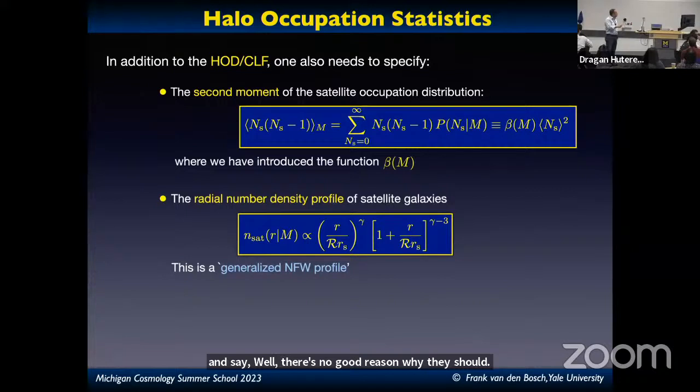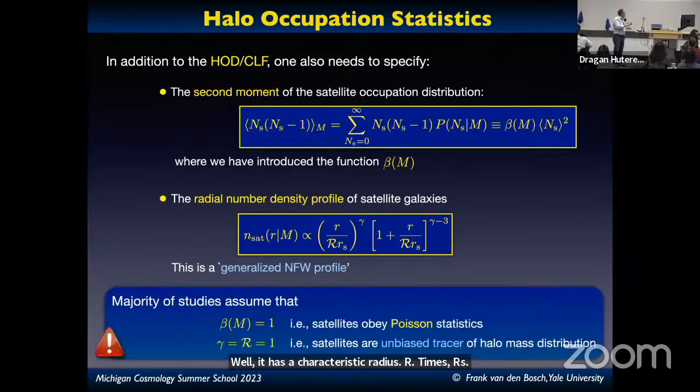So I'm introducing a free parameter, gamma, which is the central cusp slope, and a calligraphic R in front of RS, where RS is the scale radius of the dark matter halo. The satellite profile has a characteristic radius R times RS, and gamma is a free parameter.